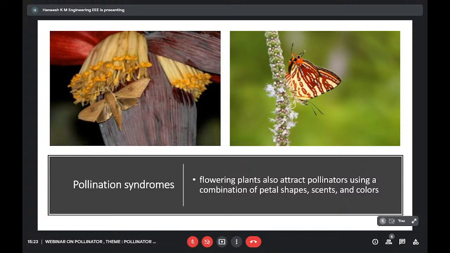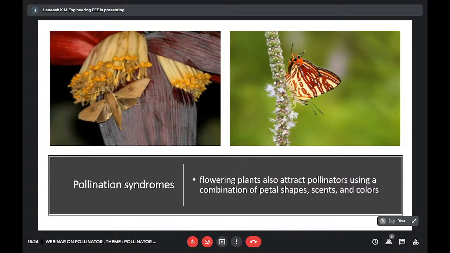They give out honey, but at times they get pollinated from different sources, so that their genetic quality will be better. The flowers and the insects have both evolved in such a way that they help each other.